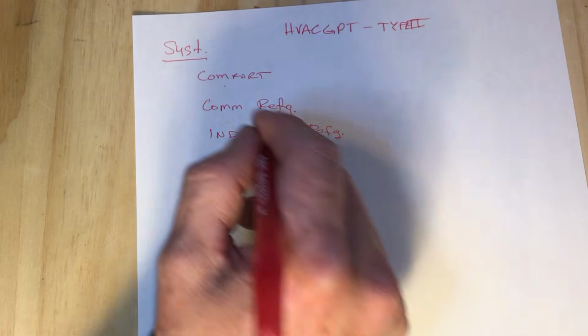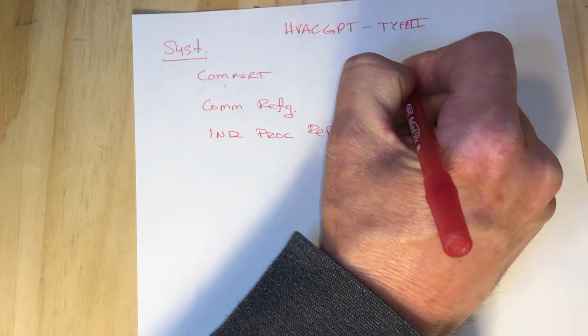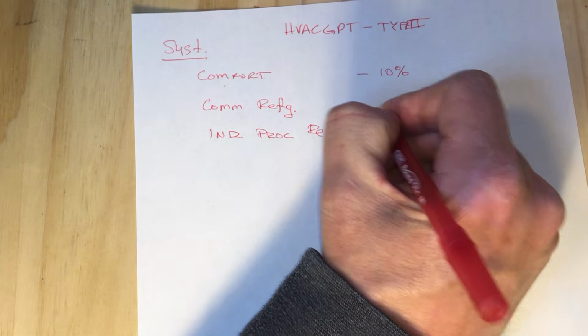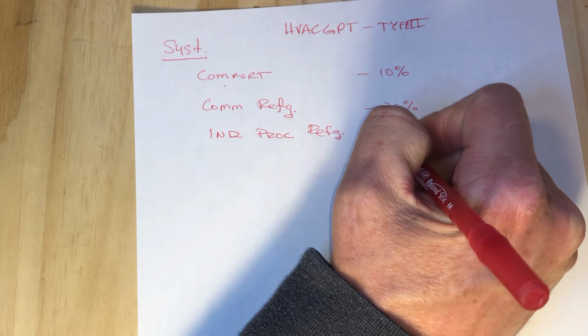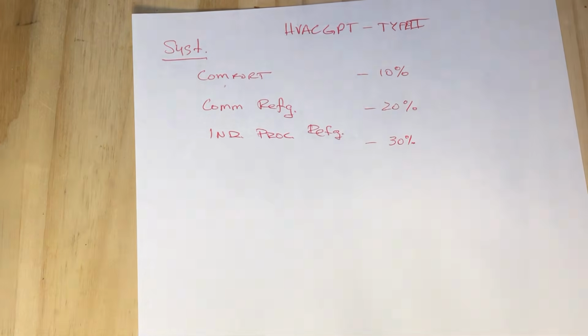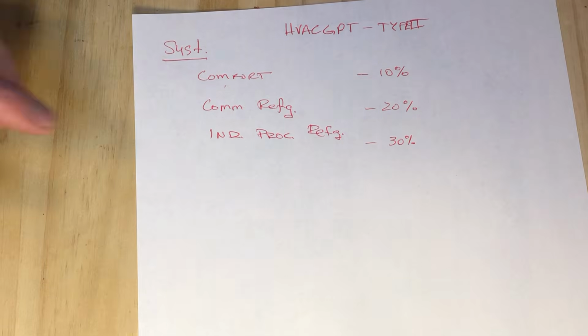So that's the three classifications, and the reason you need to know them is they're broken down into this: 10% for comfort, and commercial refrigeration is 20%, and 30% is our leak repair requirements for these three classifications. So it depends on whatever they fall in.